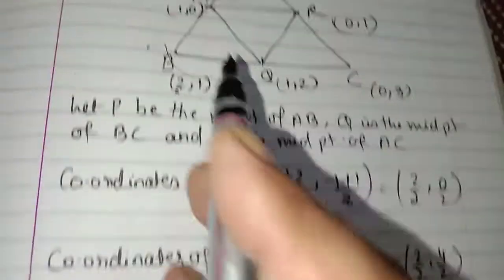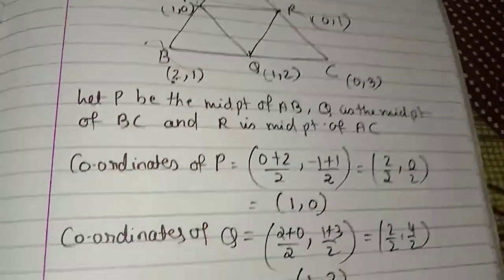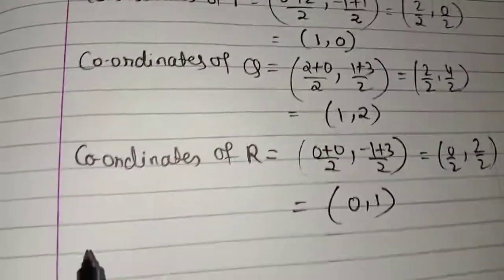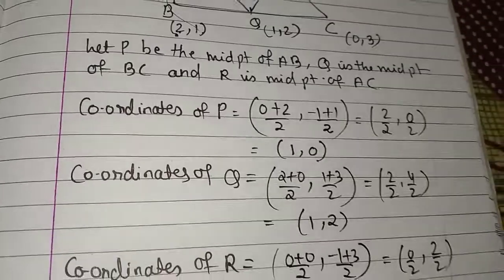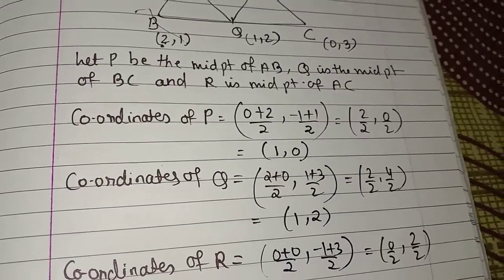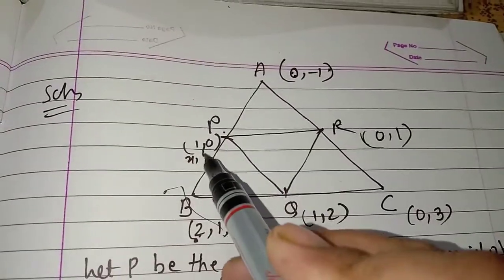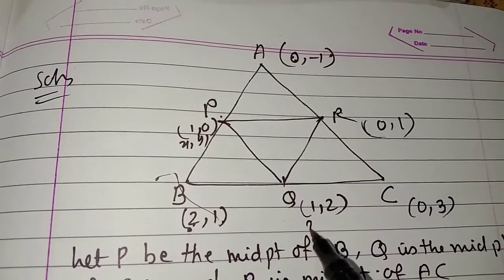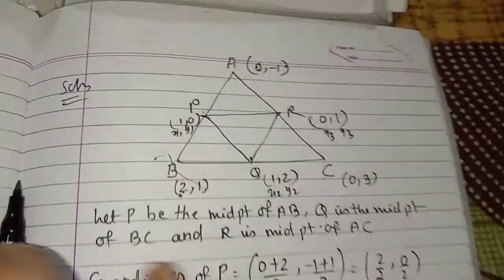First of all, I will find it for PQR. So PQR is equal to half, I'll consider x1 y1, x2 y2 and x3 y3.